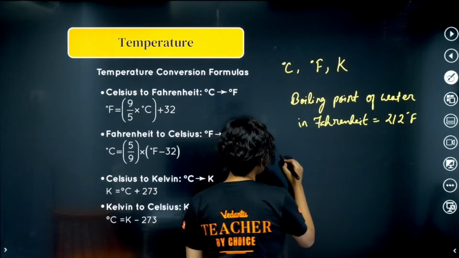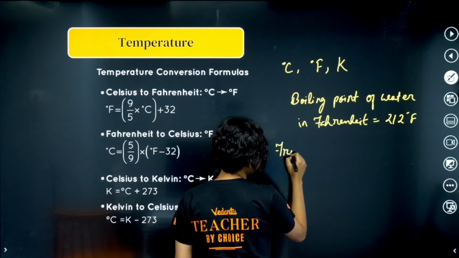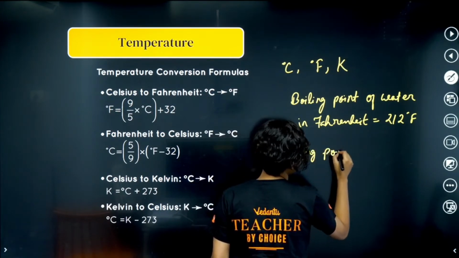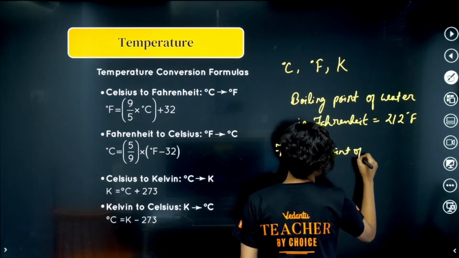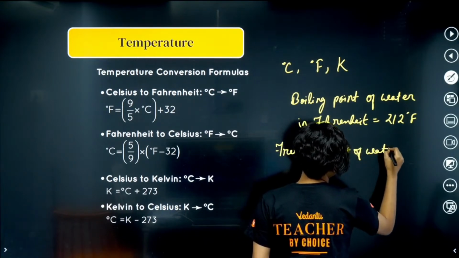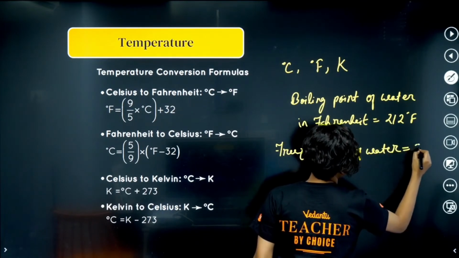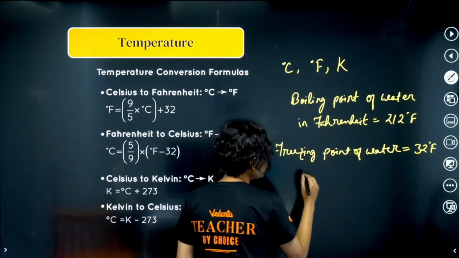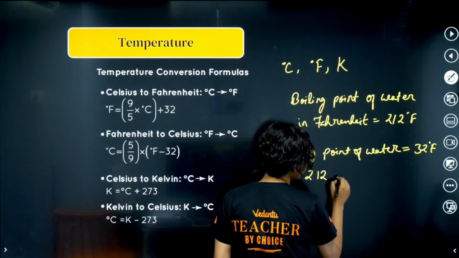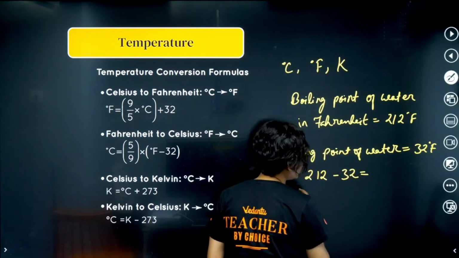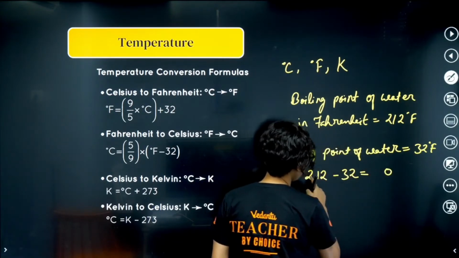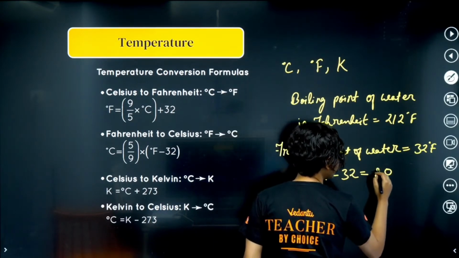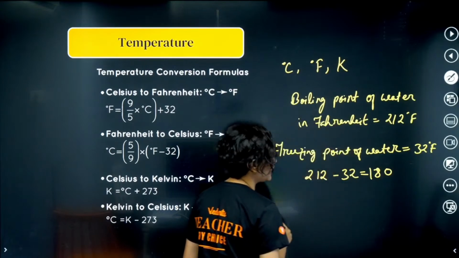And the freezing point of water is 32 degree Fahrenheit. Now if we just subtract this, 212 minus 32: 2 minus 2 is 0, 11 minus 3 is 8, and this is 180.